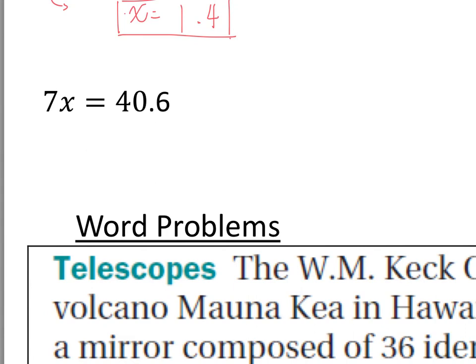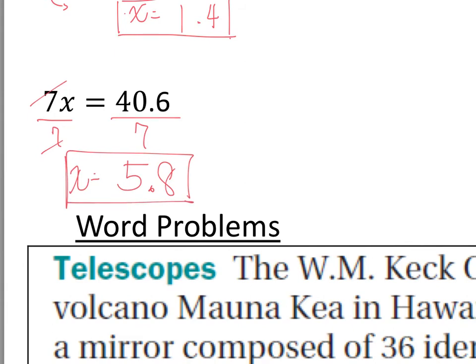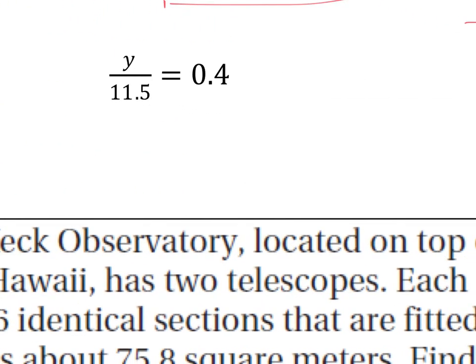Now, this involves using the division property of equality. Divide both sides by 7. So 5.8. And this one, we will need the multiplication property of equality and multiply both sides by 11.5.